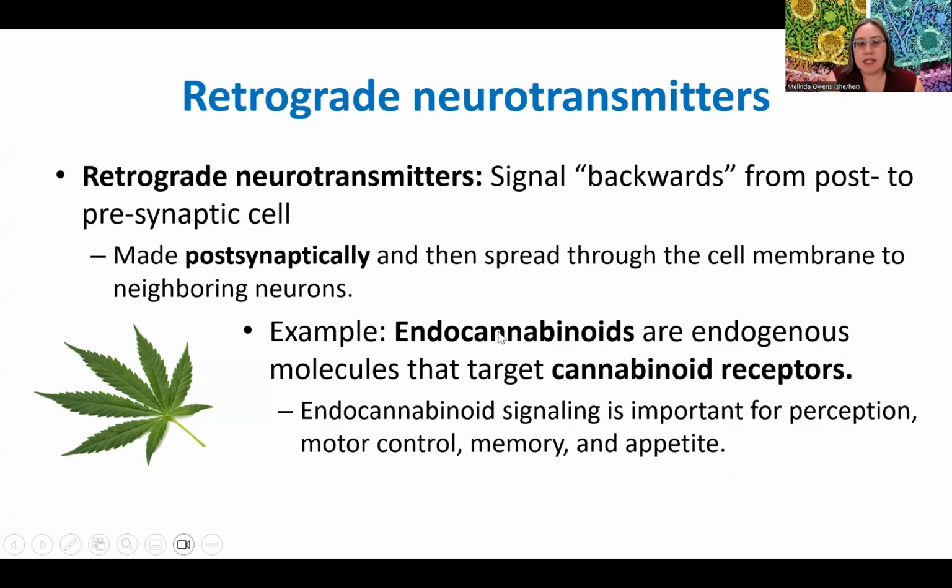And these are endogenous molecules that target cannabinoid receptors, which is the same kind of receptors as the psychoactive substances in cannabis. As you'd expect from observing people who are high on weed, endocannabinoid signaling is important for perception, motor control, memory, and appetite.